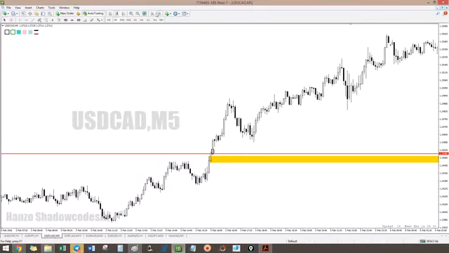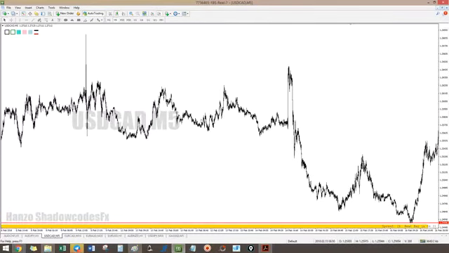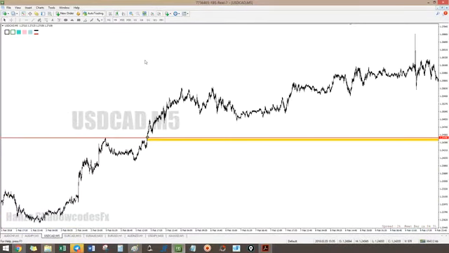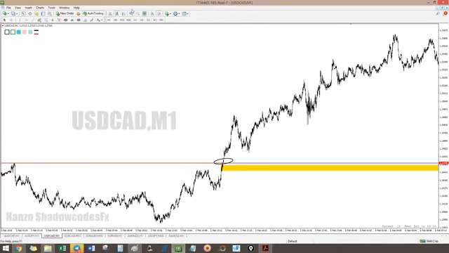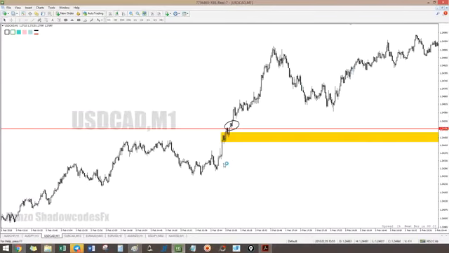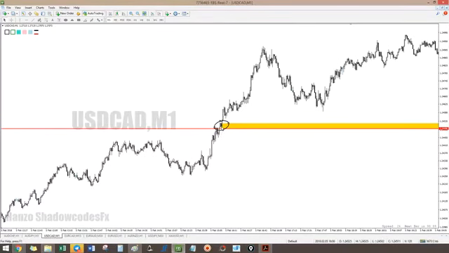So just find the correct one, and later you will understand how this actually works. So actually, take the M1, right? But it does not respect the rejection. So this is the only one that has a clean break. But if you take this one, the price can hold. If you take this one, price can still hold.